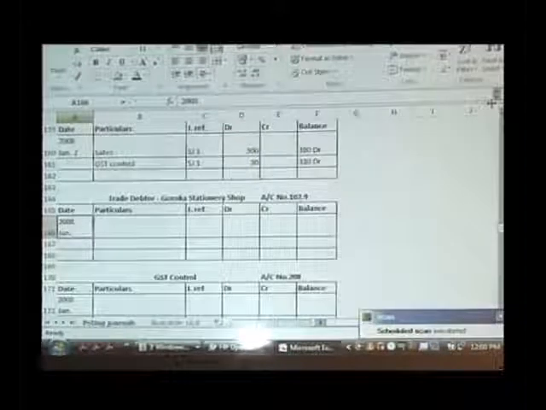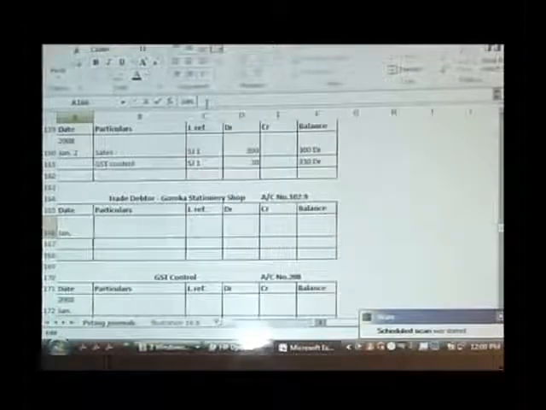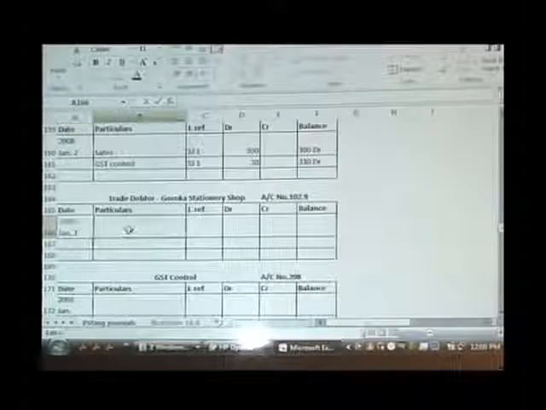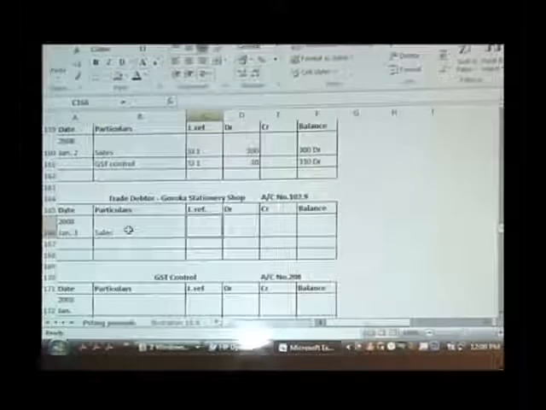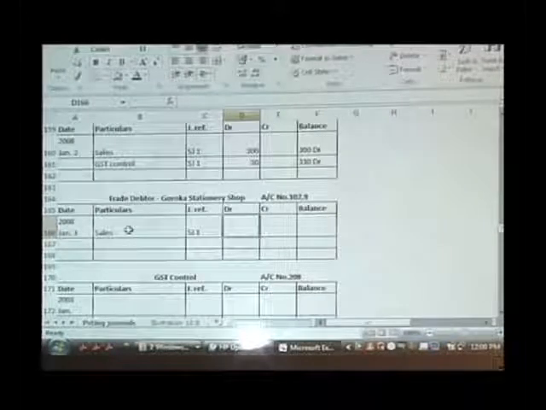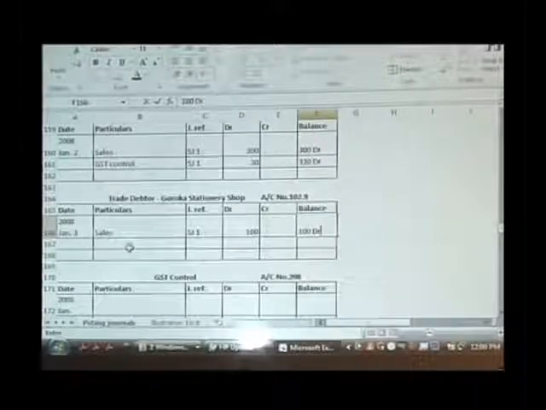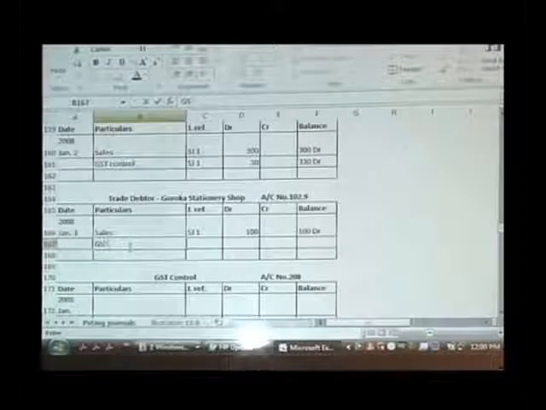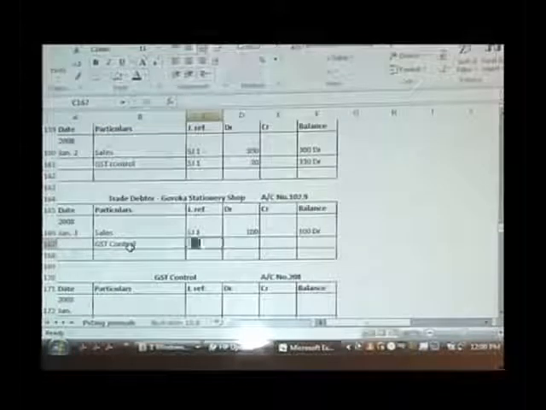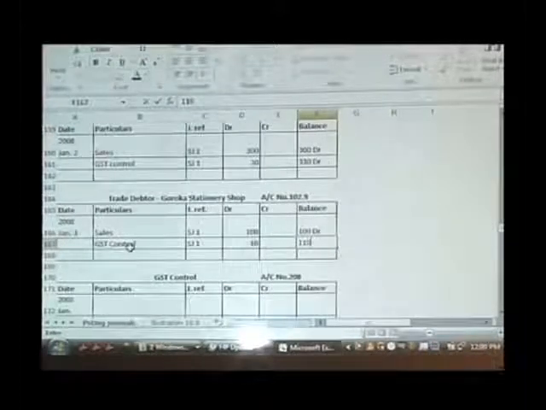Sales amount 100, date January 3rd, sales, SJ1, amount is 100 debit, GST control, SJ1 amount 10, then the amount receivable from this debtor is 110. Okay, move on.